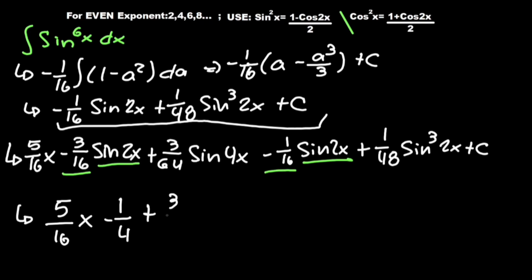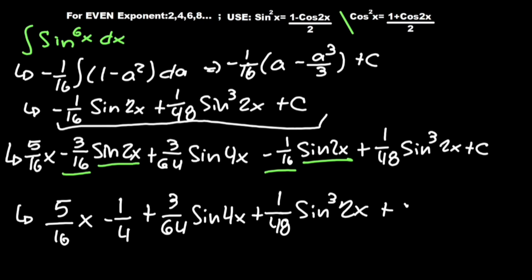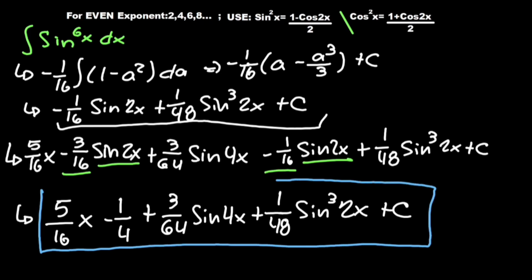Plus 3 over 64 sine of 4x plus 1 over 48 sin³ of 2x plus c. And this is finally the final answer regarding integral of sine to the power of 6x.